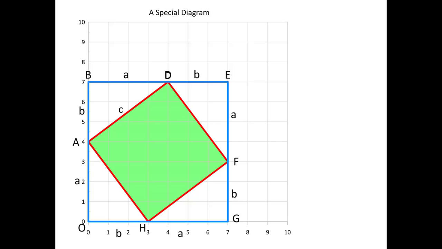And now comes an interesting part of the proof where we color the internal red square with green so that we can keep track of the area within. That area, remember, is now C squared, C times C. And I'm going to proceed to break up this area by performing several transformations, which were in previous lectures.